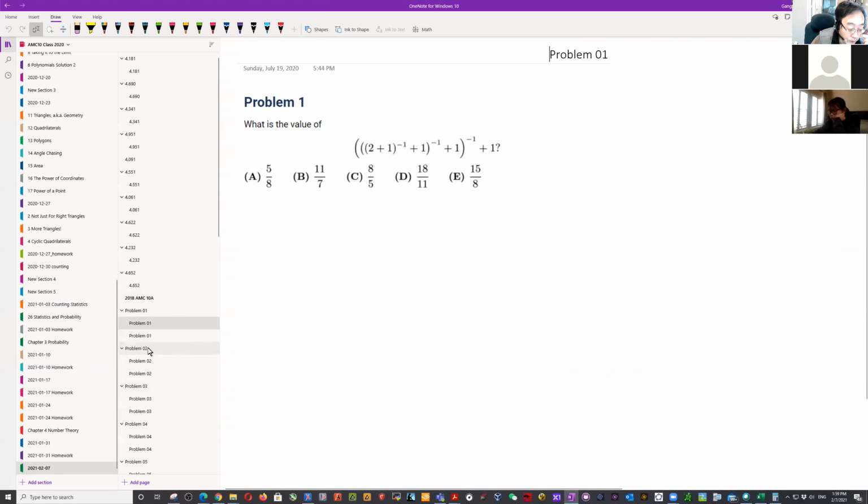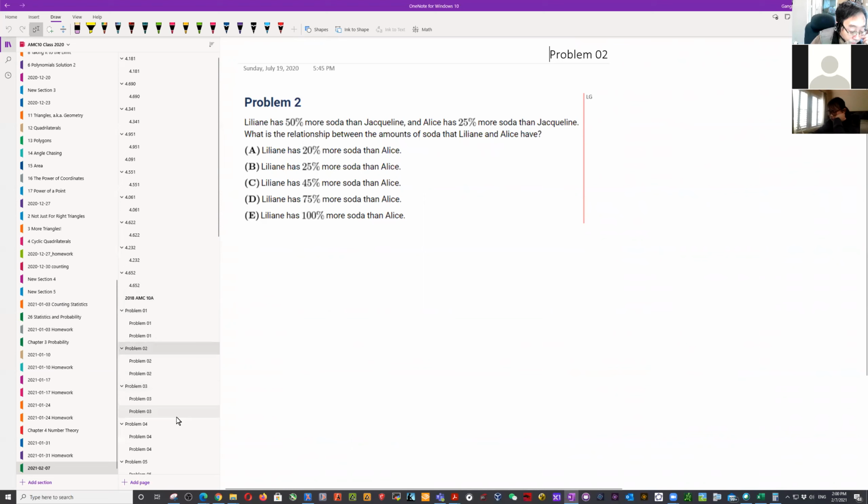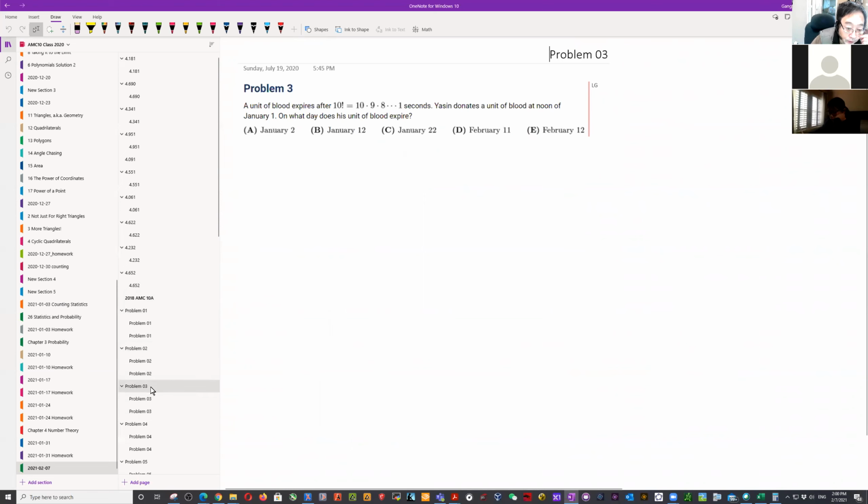The first one is easy, and the second is also easy, and the third is also easy. I think we'll just emphasize using cancellation, so you don't really have to multiply it out: 10, 9, 8, 7, 6, 5, 4, 3, 2, and 1.